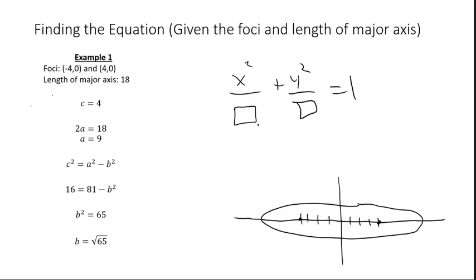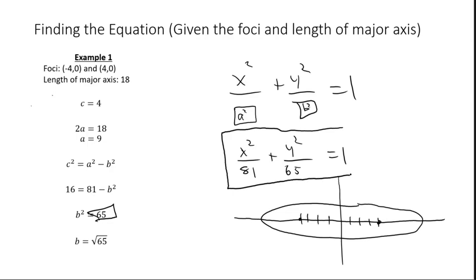So a goes there, and we said it was 9. So this is going to be a squared, and this would be b squared. So your equation is going to be x squared over 81, plus y squared over the b squared, which was 65, and that's equal to 1.